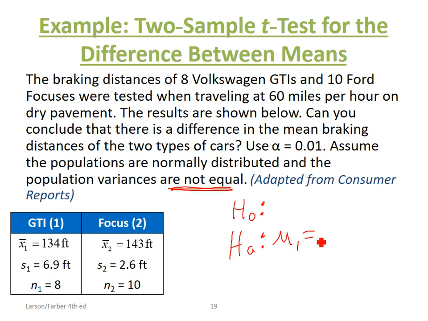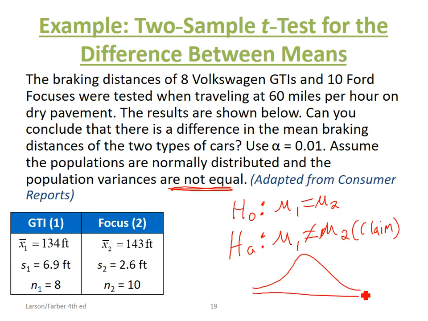So mu1 does not equal mu2, and that's our claim. What's our H0 then? mu1 equals mu2. Next thing we're going to do, we're going to draw our little graph. Are we left-tailed, right-tailed, or two-tailed this time? Two-tailed.